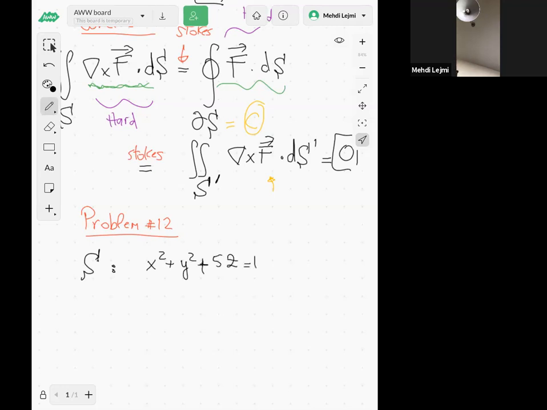So this is the portion of the graph. Here, guys, you can see I can express z in terms of x and y.